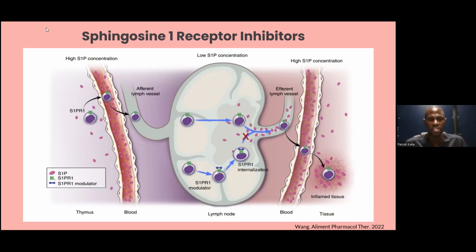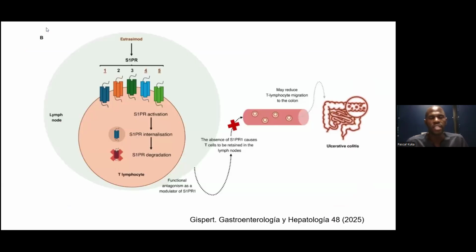The trafficking of lymphocytes happens by activation of the sphingosine 1 receptors within the lymph nodes. So this group of drugs utilizes this concept by binding onto the sphingosine 1 receptors while the lymphocytes are still in the lymph nodes, and therefore inhibiting the activation of these T lymphocytes by causing internalization and degradation of the sphingosine 1 receptors.